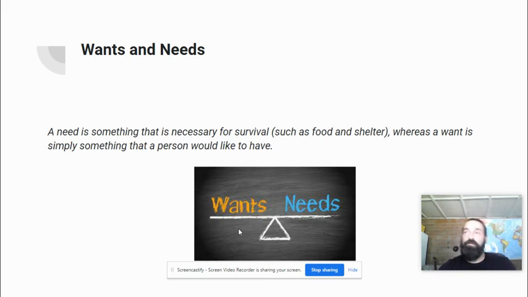Wants and needs. So this is the important thing, right? A need is something that's necessary for survival, like food, shelter, water, things like that. Whereas a want is something that you would like to have, like that new jacket you've been eyeing, or some fresh kicks, or a new iPhone, something like that. So those are the difference, and you have to find balance.